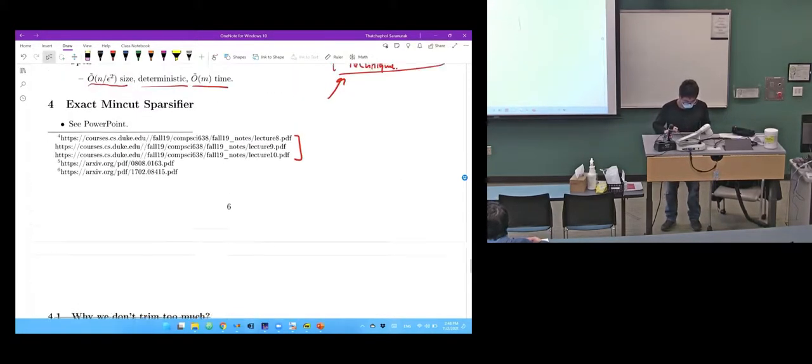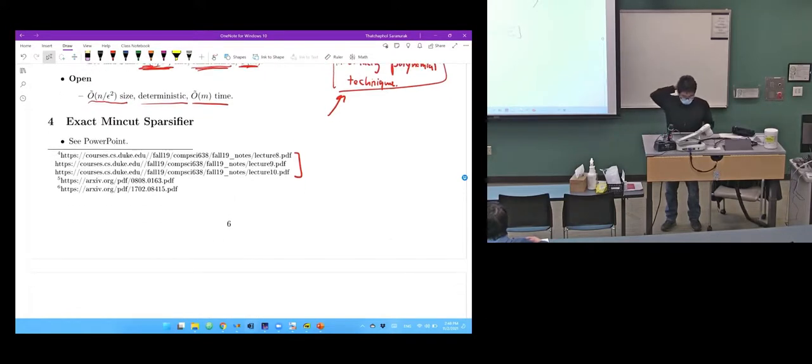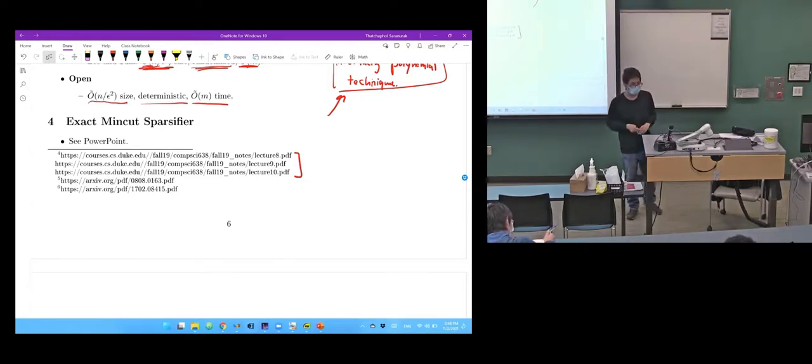I actually have some more things to say, but I think I will just talk about what I will tell you next time. So you have seen two ways to compress the graph, preserving information of the graph.